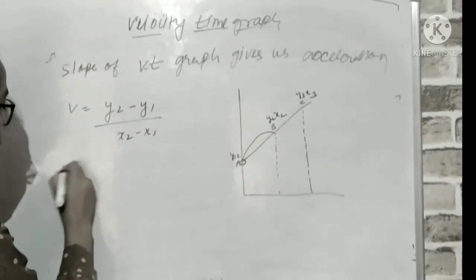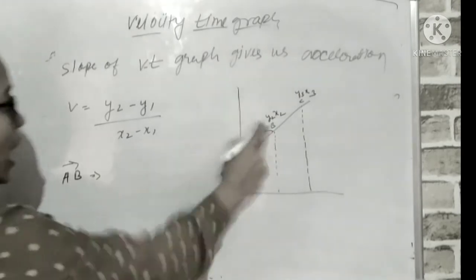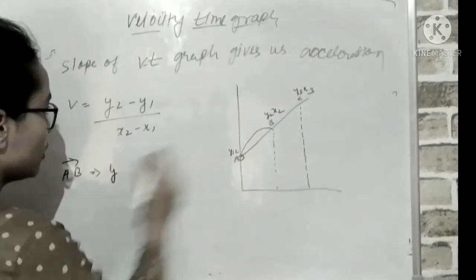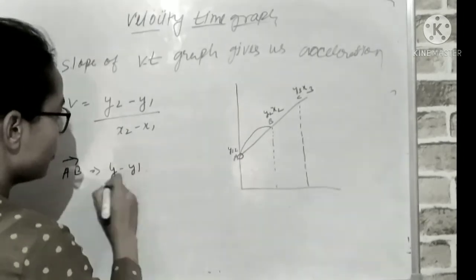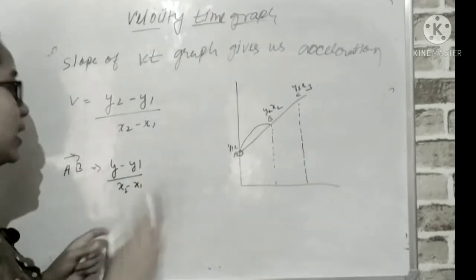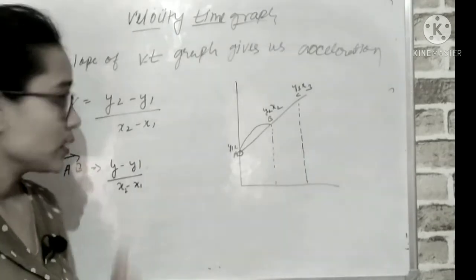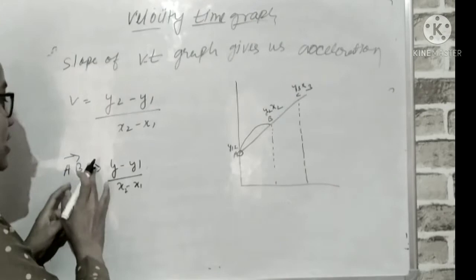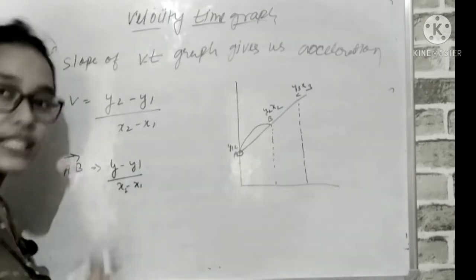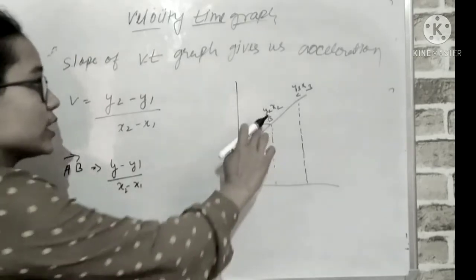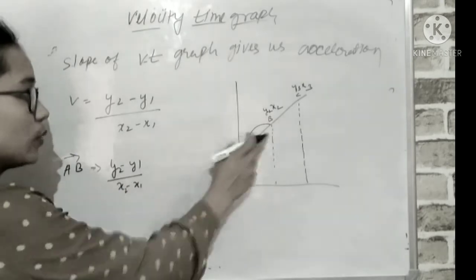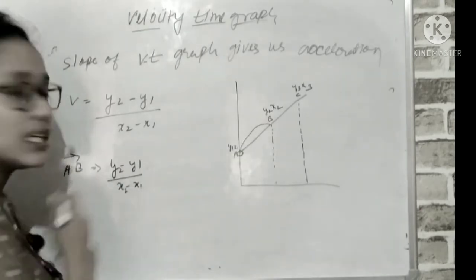I will do y2 minus y1 by x2 minus x1. Final velocity minus initial velocity within given time. So here the final velocity is y2 and the initial velocity is y1, within the time x2 minus x1.